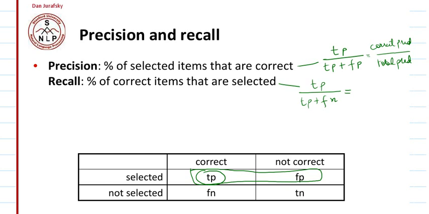Similarly in recall, this is the TP and this is TP plus FN. TP plus FN is actually the true class, so this is total true, or in this terminology it is called total correct, and predicted correct.